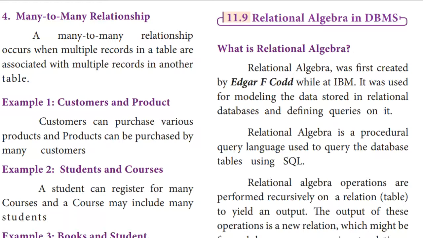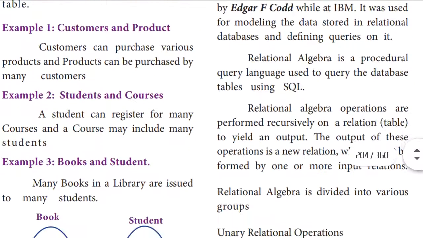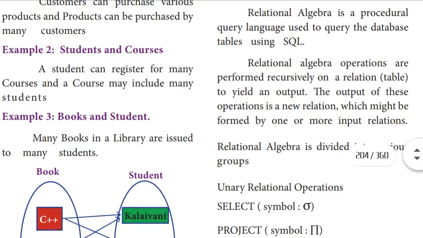Relational algebra operations are performed recursively on a relation. Relation means a table, to yield an output. So until we get the output we are expecting, we can execute the relational algebra again and again. Recursive means repeating the process. The same set of commands we can repeat again and again till we get the output.